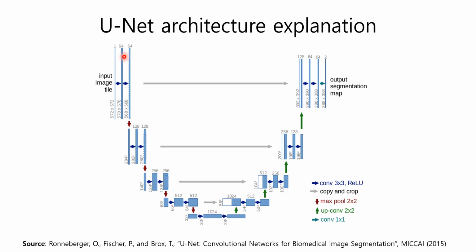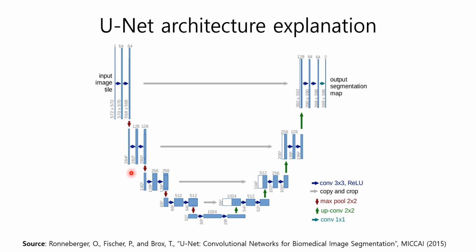The number on the blue box represents the number of filters. After the second convolution, it is reduced to 568 by 568. Then 2x2 max pooling with stride 2 is applied, so the size halves, from 568 by 568 to 284 by 284.